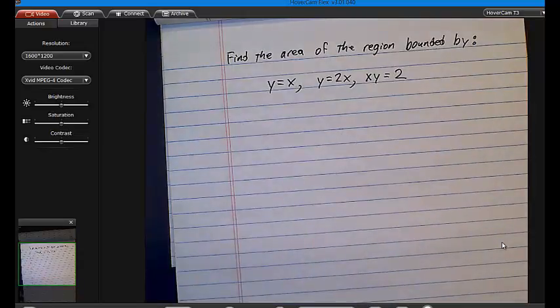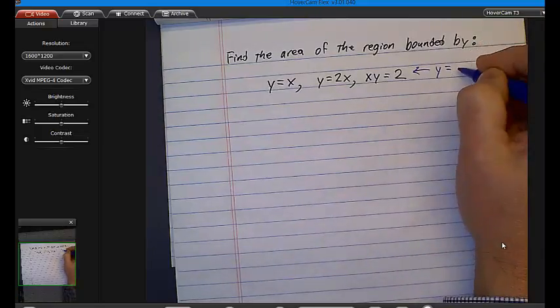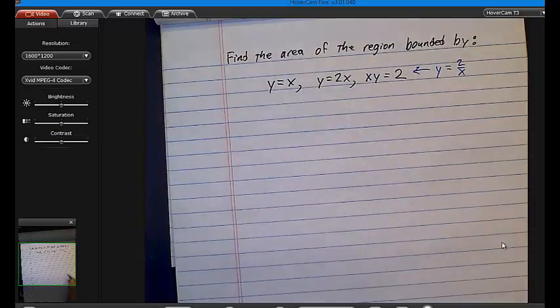Do you guys know what the third equation is? Yeah, what is that called? It was a rational function. It is a rational function. It has asymptotes at... Right, I mean, I guess we could write it as y equals 2 over x. But then that's going to be like shifted up and down.